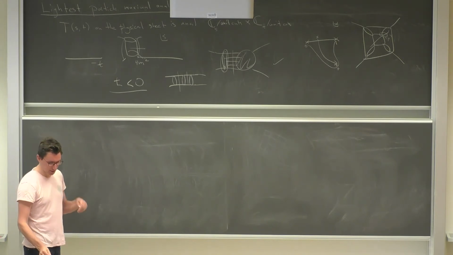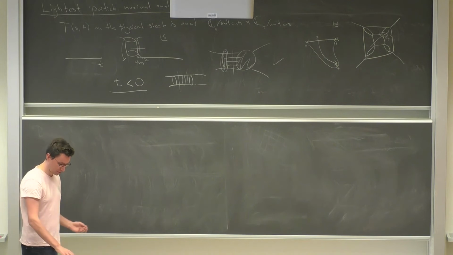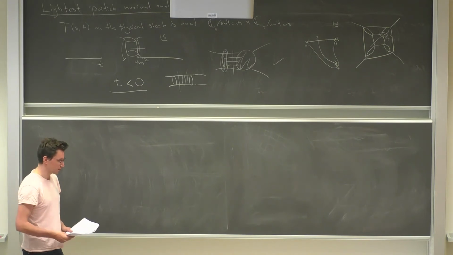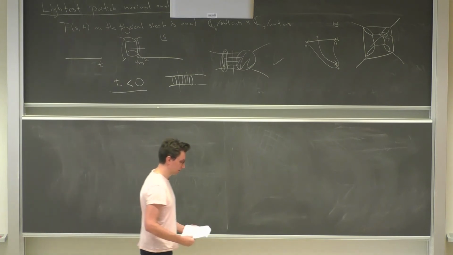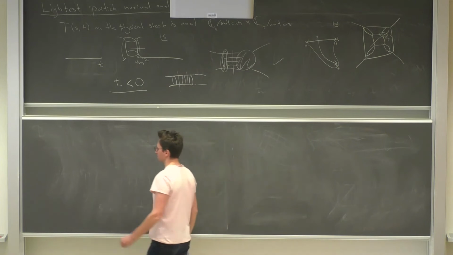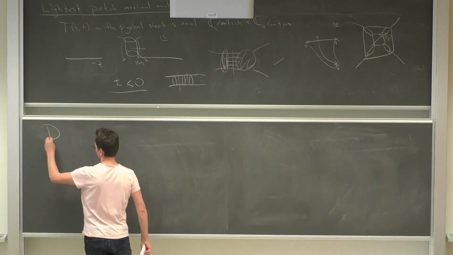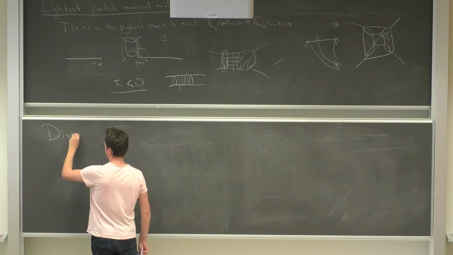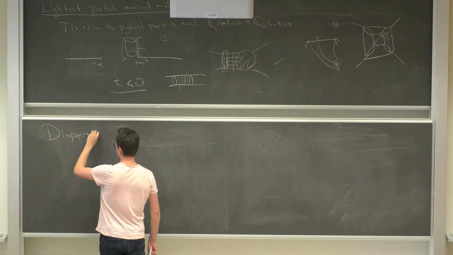I told you that the most famous result maybe is this Froissart-Martin bound, but the most famous tool, probably, or at least one very useful tool, is what is known as dispersion relations.